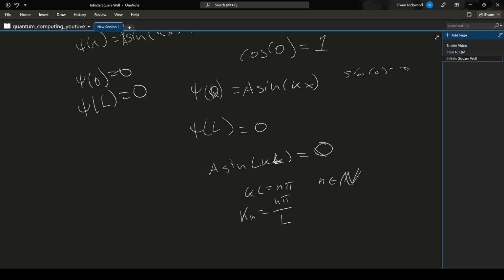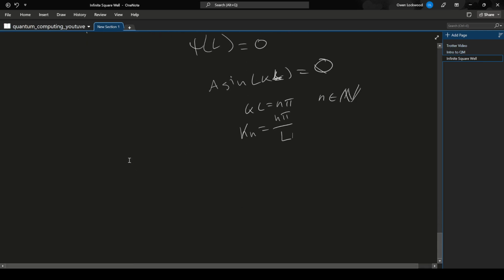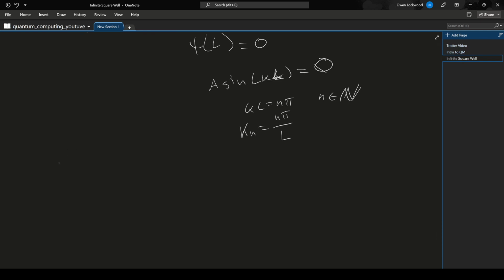So a here is just this normalization that we're leaving in. Because if we now have established that we have our wave function, we solved it, we did it. Congratulations. A sine kn times x, or a sine n pi over L times x.